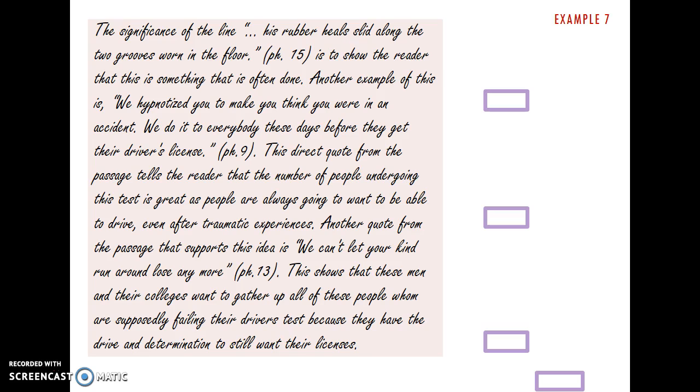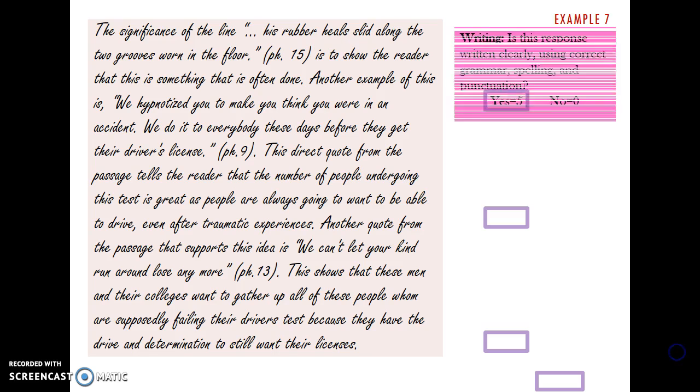Another quote from the passage that supports this idea is, "We can't let your kind run around loose anymore," paragraph 13. This shows that these men and their colleagues want to gather up all of these people whom are supposedly failing their driver's test because they have the driver and determination to still want their licenses.